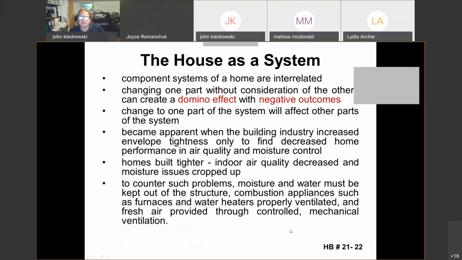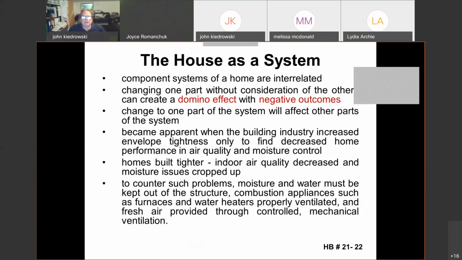It's an interrelationship between the slide presentation and the notes that you have. So as I mentioned, the home has a series of interrelated parts, and changing one without consideration of the others can create a domino effect, and worst case, with negative outcomes.